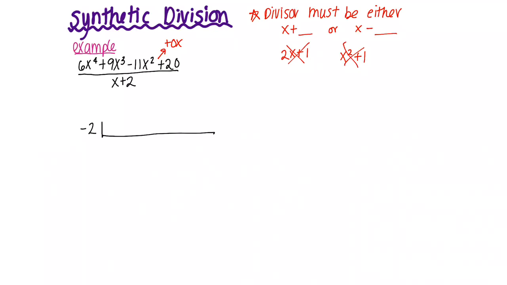Each of those coefficients, I'm going to come down and write right here. So I'm going to do 6, 9, negative 11, 0, and 20. I'm going to make a line right here before the last number, and I'm going to make a line here.